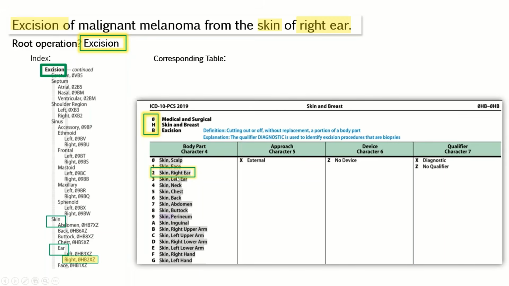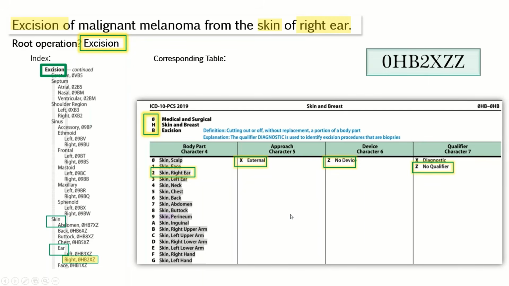It's the skin of the right ear. And then our 5th character is X. Our 6th character is Z. And our 7th character is Z. And our code, 0HB2XZZ.